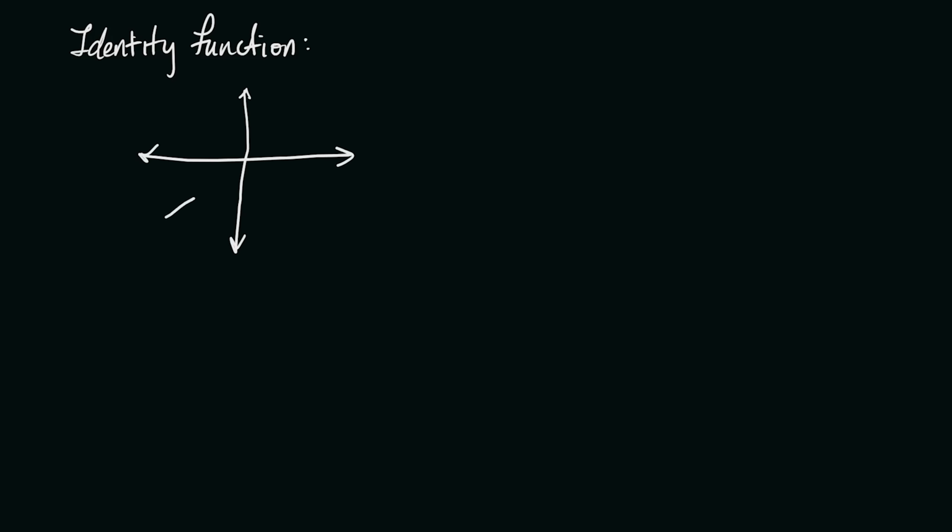So the identity function is our first function that we have here. Now our identity function looks something like this. Draw a simple graph here. Looks like that, right? And the domain of it is where x is an element of all real numbers.